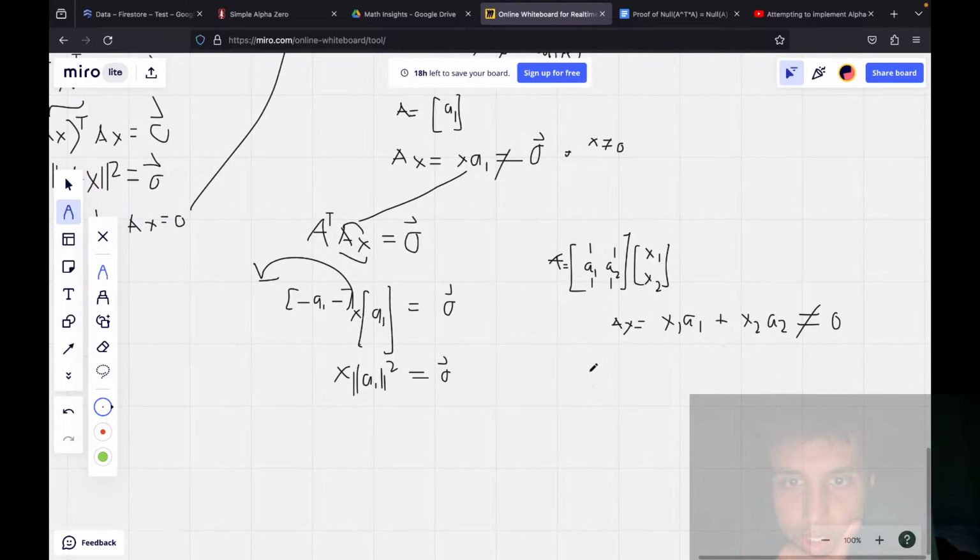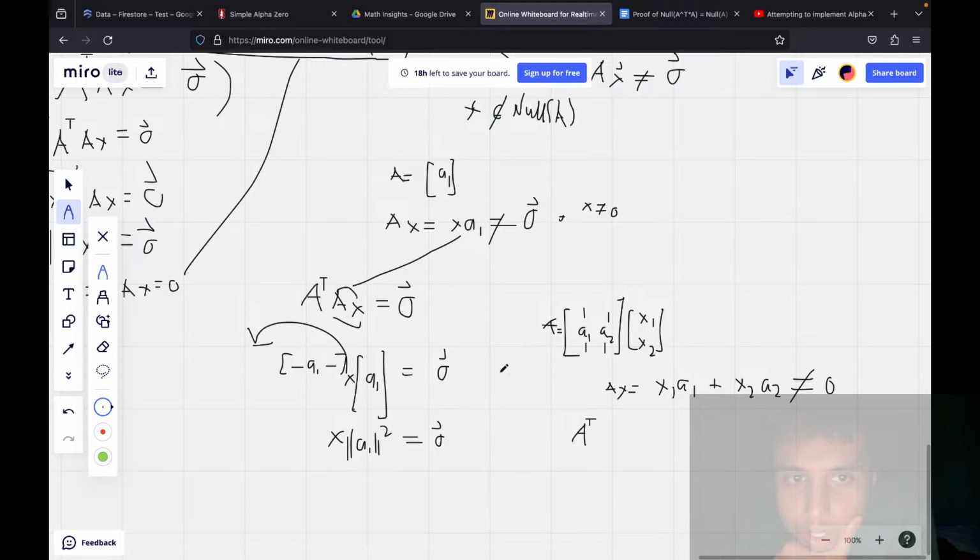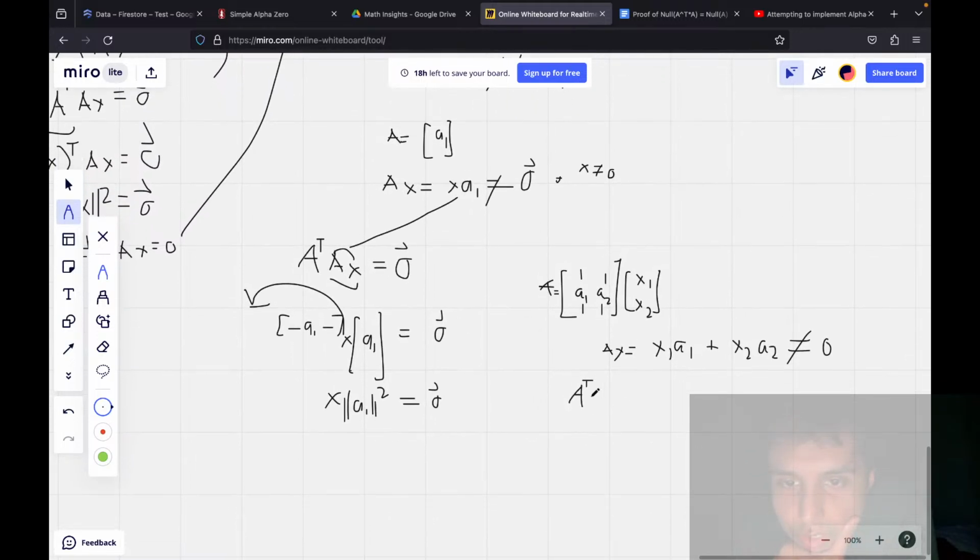So then A^T of Ax is 0. That's what we're trying to find a contradiction in. A^T of Ax equals 0. We want to plug this in and get a contradiction.